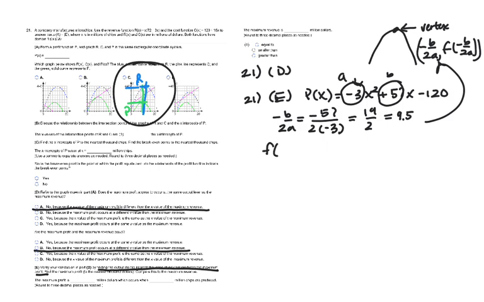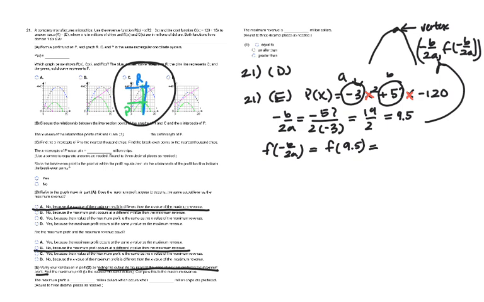To find the y value, the actual maximum value, we have to find f of negative b over 2a, which equals f of 9.5. So I'll plug 9.5 into each of my x's: negative 3 times 9.5 squared plus 57 times 9.5 minus 120.